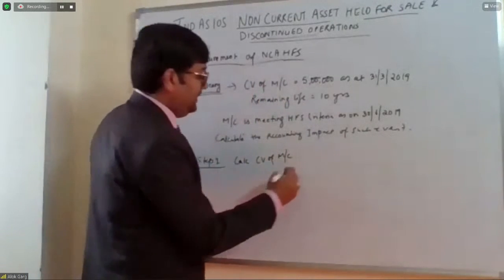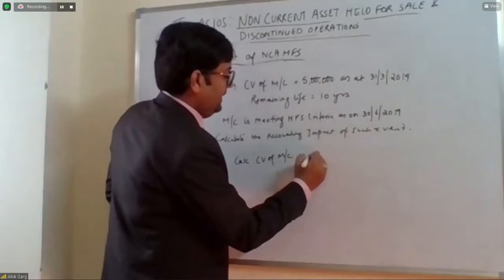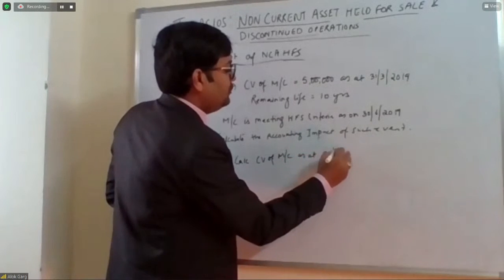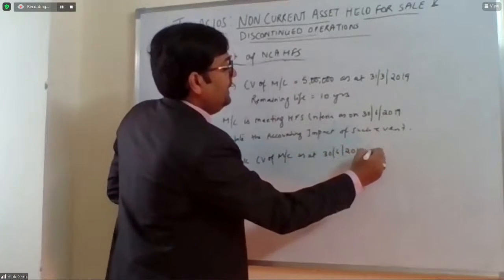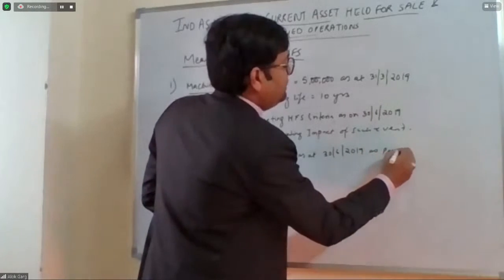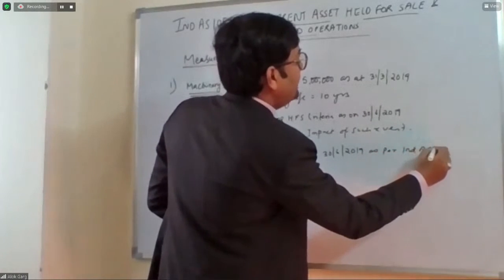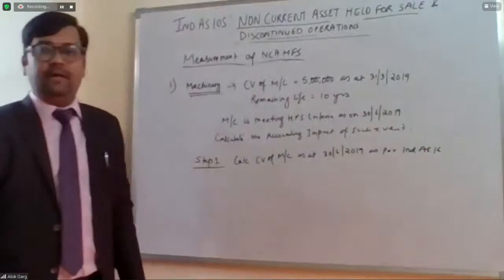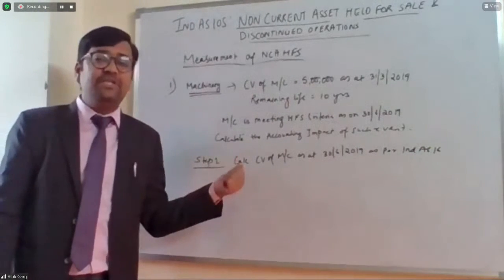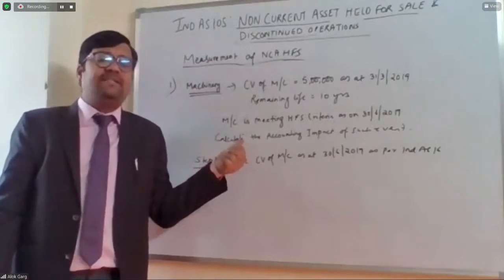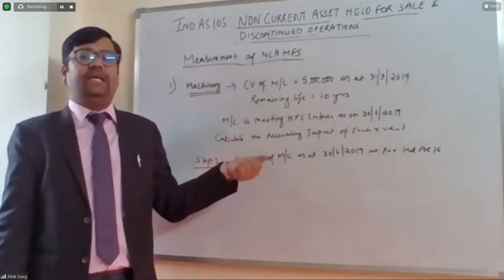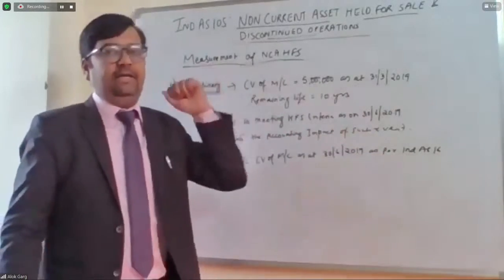Calculate carrying value of machinery as at 30th June 2019 as per respective standard. As per respective standard means as per IND AS 16. Am I right? Had this machinery been an intangible asset, the carrying value should be calculated as per IND AS 38.